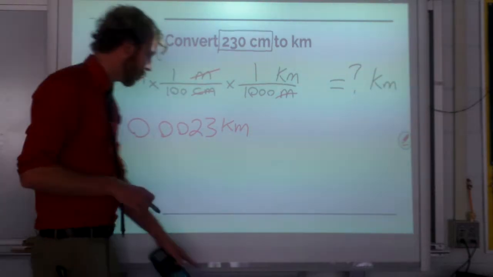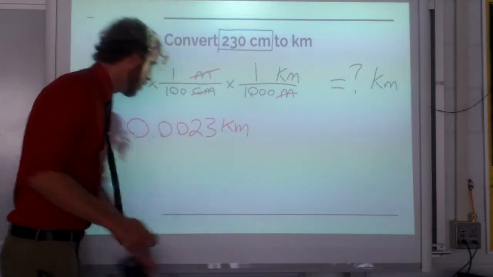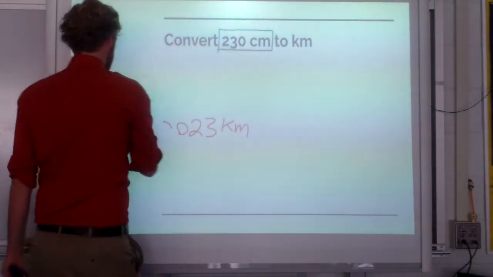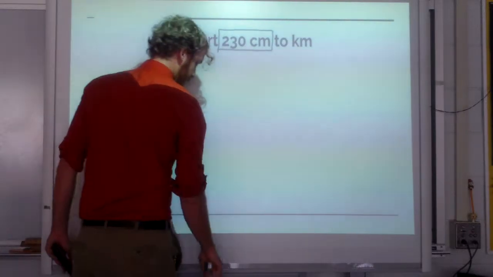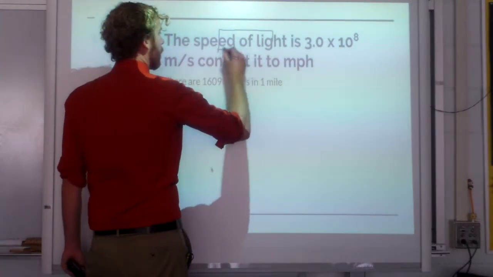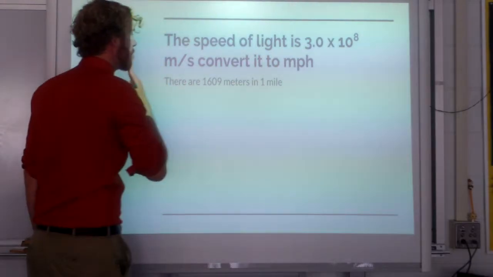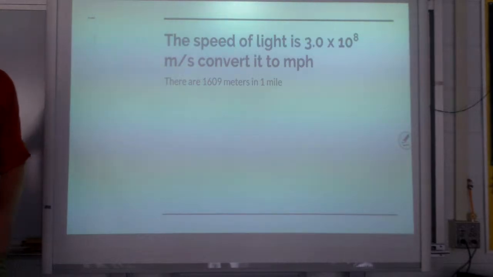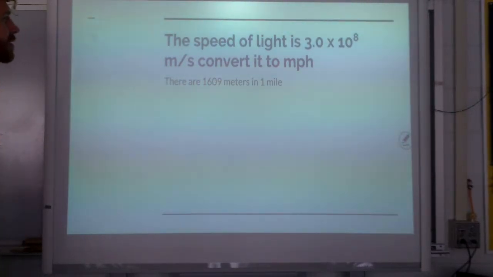All right, let's do one more, a little bit more challenging, with a few more steps. The problem: the speed of light is 3.0 times 10 to the 8th meters per second.